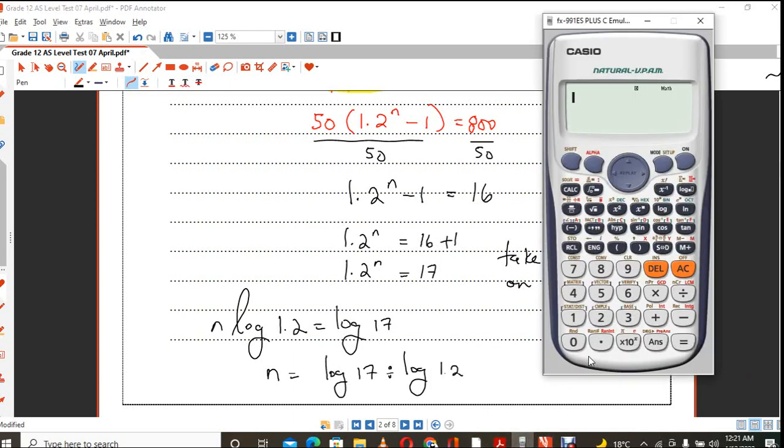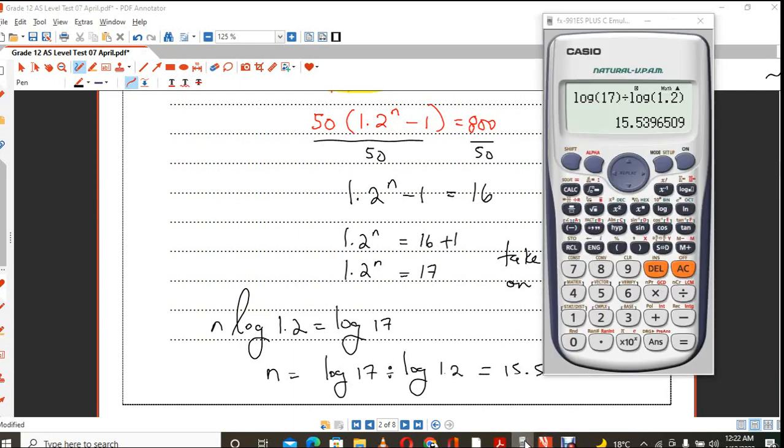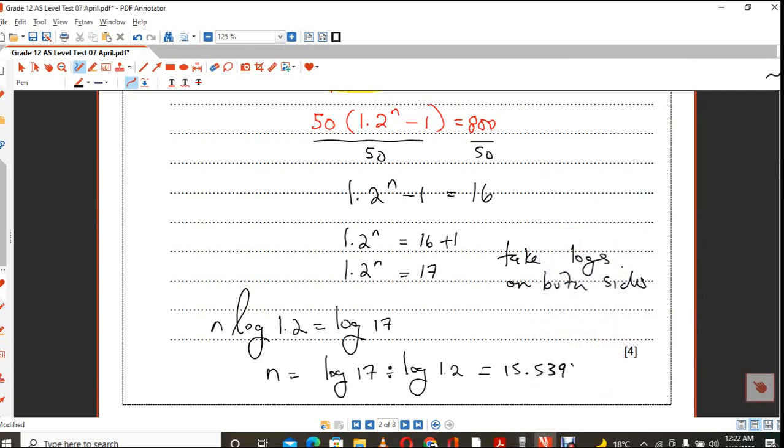Let's grab a calculator. So that's log 17 divided by log 1.2. You get about 15.5, which equals 15.5396 and so on.